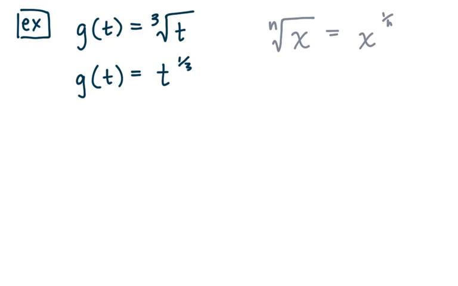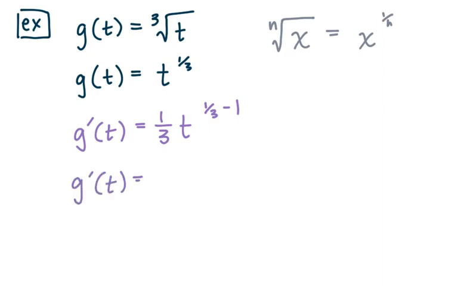So if I were to find my derivative, g prime of t, that would be 1/3 t to the 1/3 minus 1. g prime of t is 1/3 t, 1/3 take away 1 is negative 2/3.